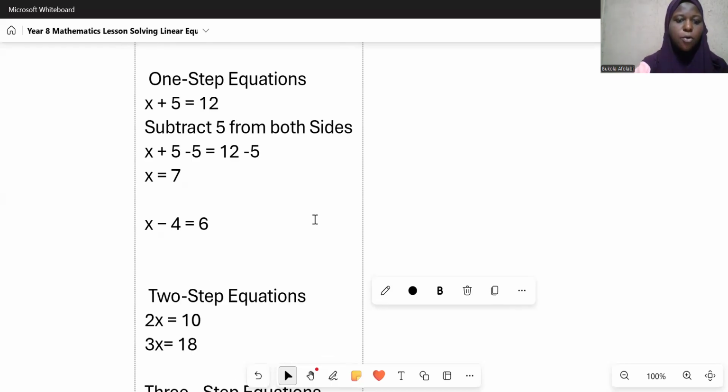X minus 4 equals 6. So like I said earlier, you would subtract minus 4 from both sides. What is attached to X will be subtracted from both sides.